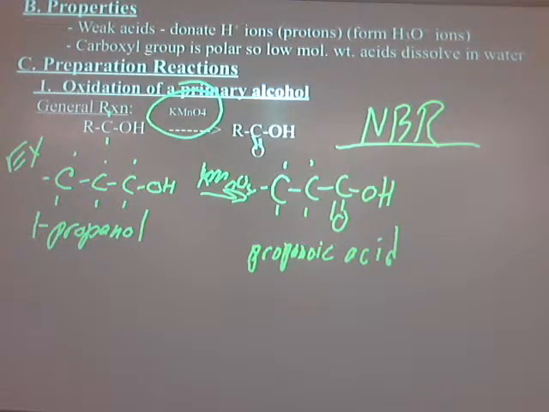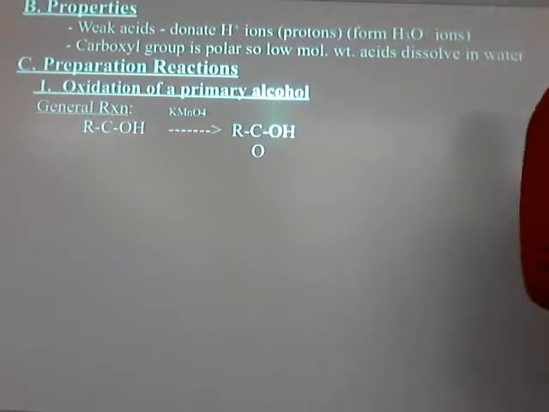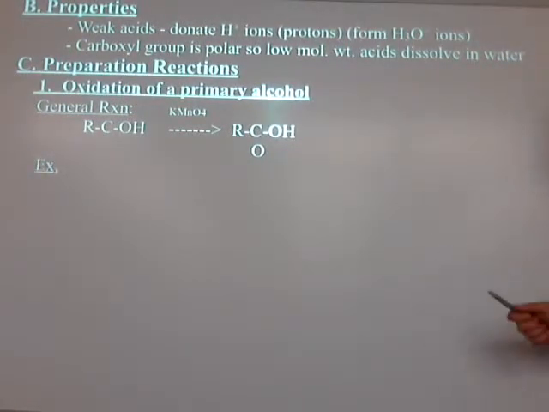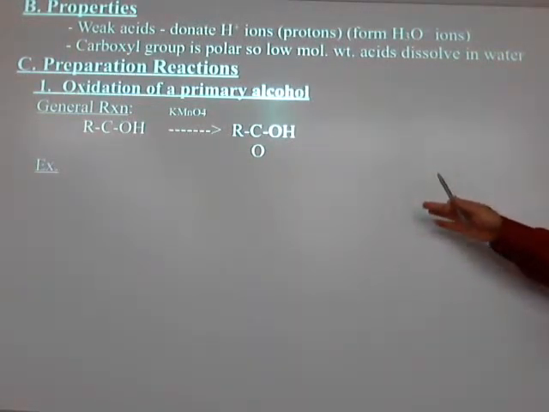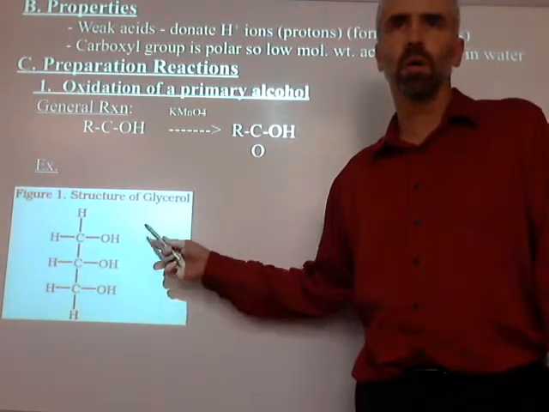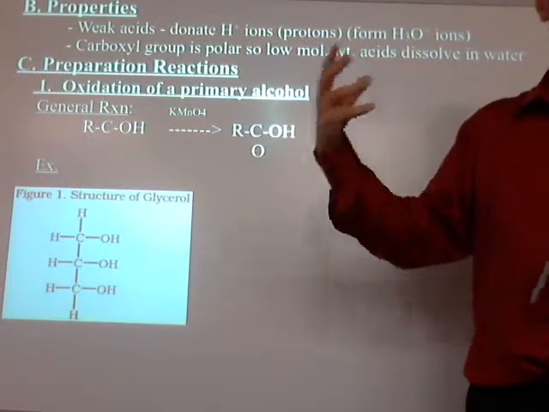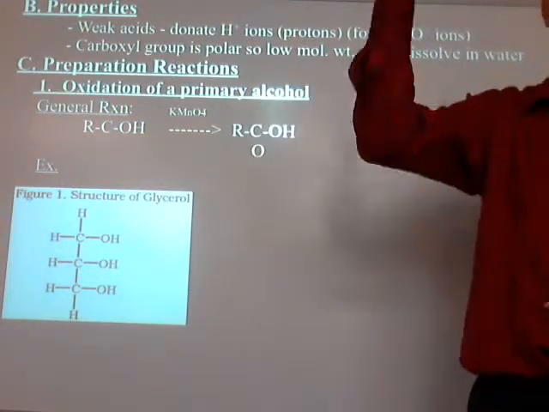All right, now let me take a second here and show you what I'm going to do in my demo over there, because it's really a pretty neat demo. Don't copy this down. You just did your example. If I take glycerol, or glycerin, same thing, which I used once before to make my soap bubble, remember my propane soap bubble, or methane soap bubble?